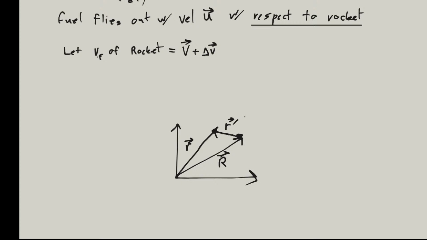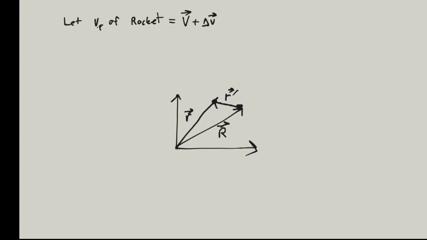So now, if we were to take the derivative of all of these, we get the velocity of the rocket, v, plus, what is the derivative of r prime? Well, the derivative of r prime is the rate at which the fuel is getting distant from the rocket. It's the velocity of the fuel with respect to the rocket. We know that. That's u, right?